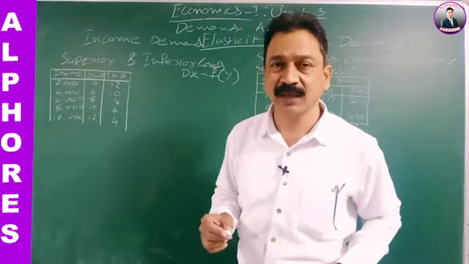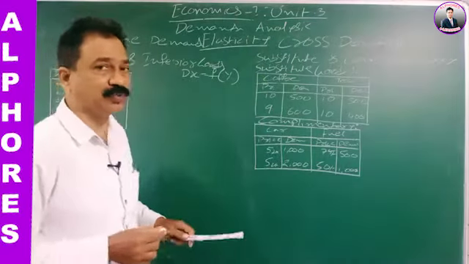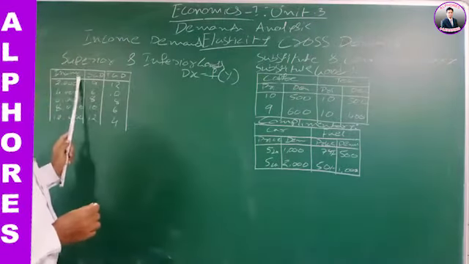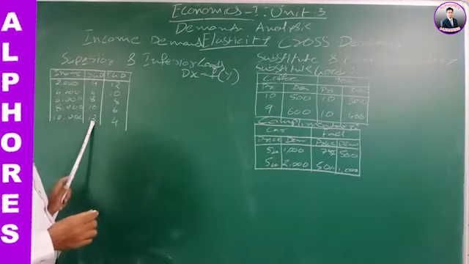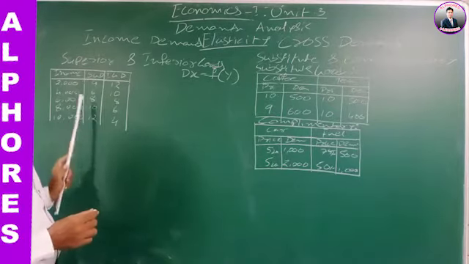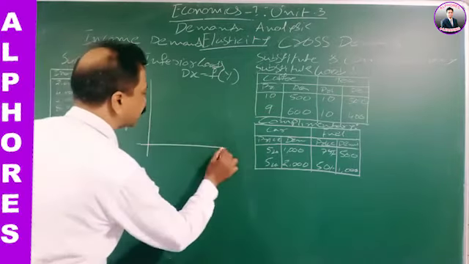Now we will see the graph of superior goods as well as inferior goods. So here we can say income has a positive relation with superior goods. Let me show you the positive relation.